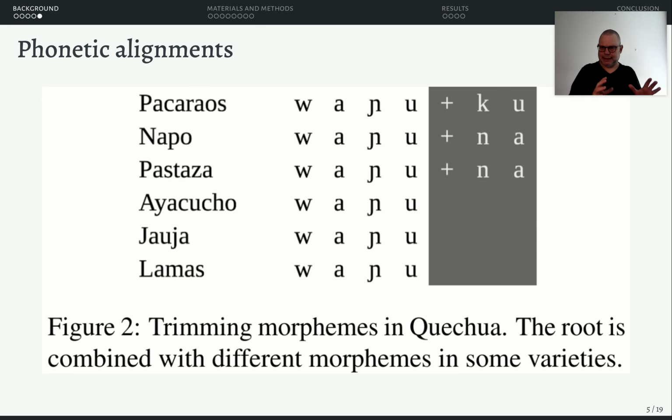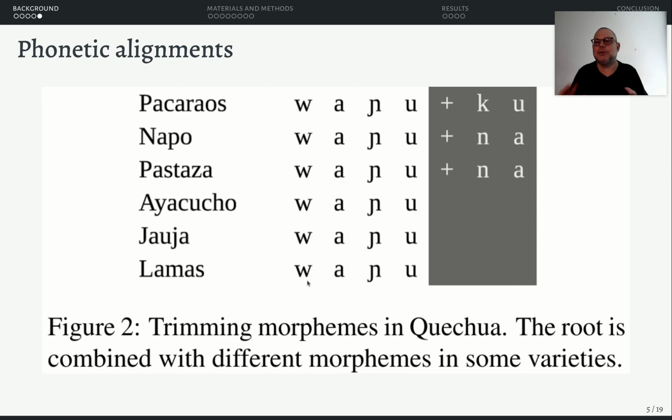So how do we get these sound correspondence data? Here's an illustration. This is a group of cognate words from Quechua, which are very similar regarding the root, as you can see. Then we used the lexical method developed by Mattis List and co-workers to arrange the words in such a way that homologous segments are in the same column.